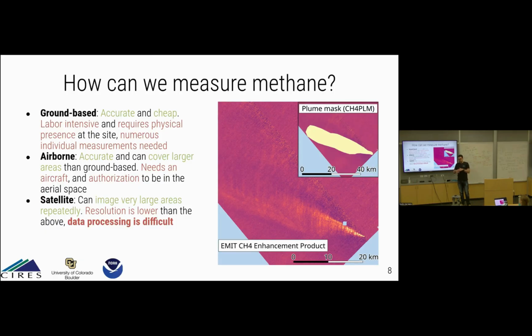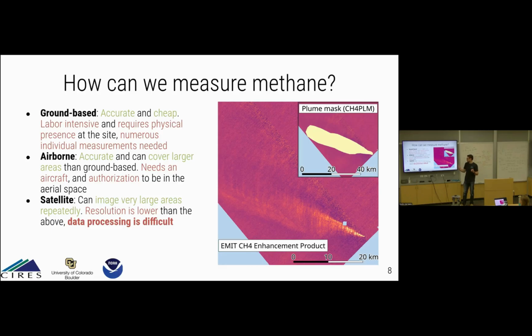Satellites can image very large areas repeatedly because the satellite is up there, looking at the Earth, and it doesn't matter what you do, the satellite will be observing very large areas continuously, and you can monitor areas effectively. But the downsides are resolution is lower than the above because satellites are much further off than airborne or ground-based.